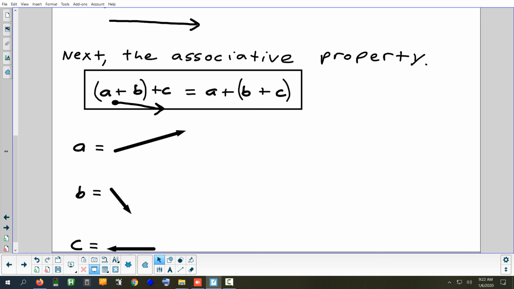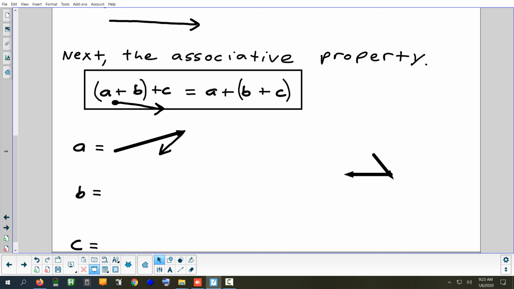Now on the right, which two am I supposed to add first? B and C. So I'm going to take B plus C. B first, then C. And I'll do that. So there's B plus C. I'm done with that. Now it says to take A and add what I just did onto the end of it.